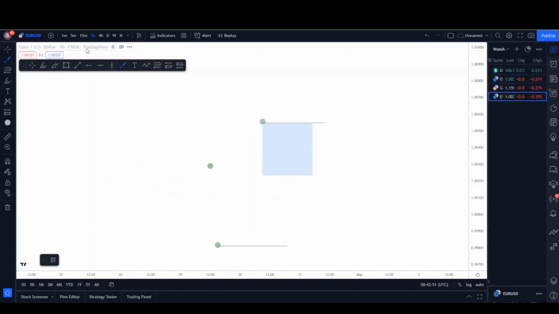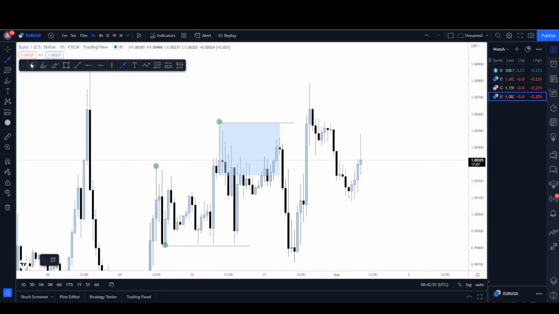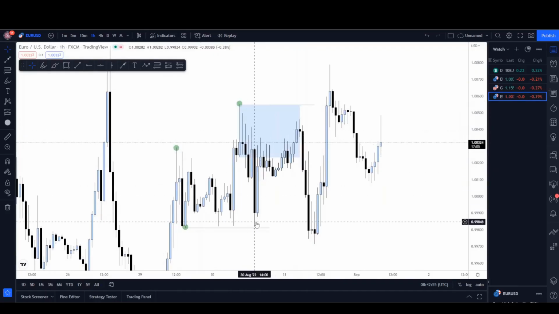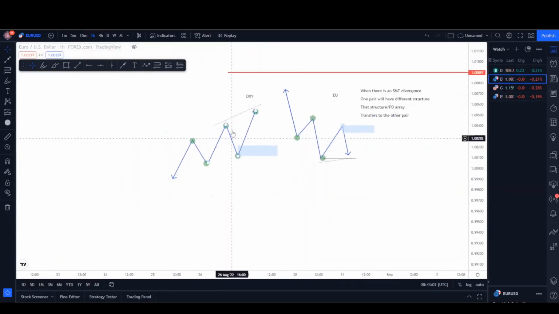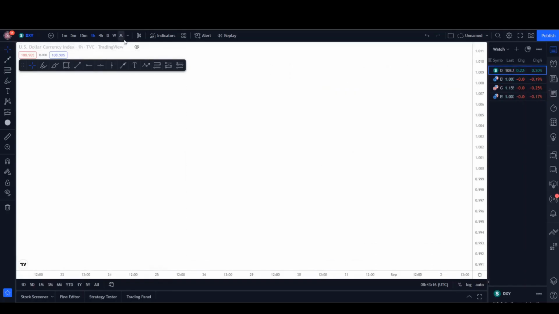Let me look at EU. Give me a sec. Is the drawing even right? I think it is. Give me a sec.